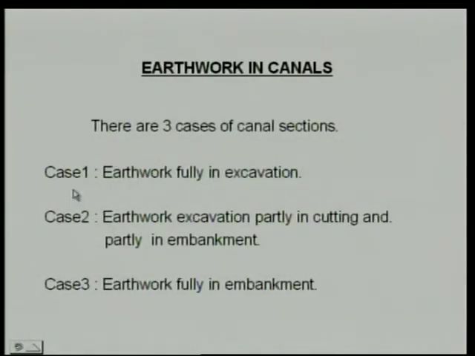Case 1 is earthwork fully in excavation. Case 2, earthwork partly in cutting and partly in embankment. And the third case for the earthwork in canals is earthwork fully in embankment. Now, let us discuss these three cases one by one.